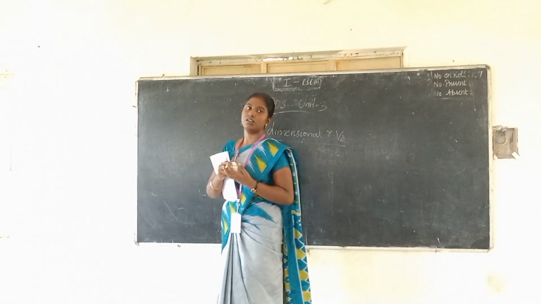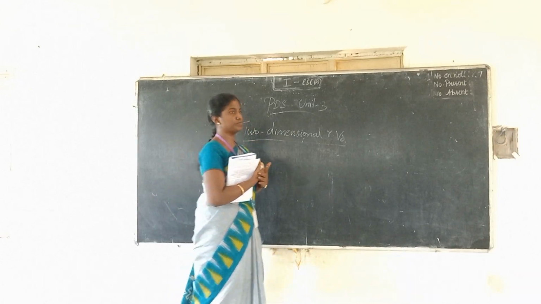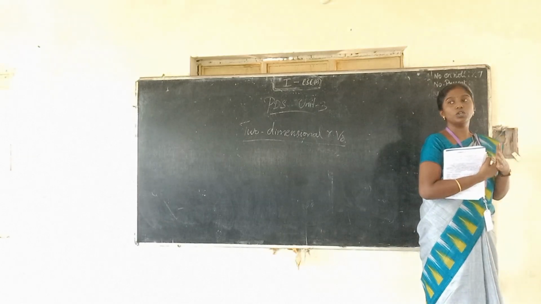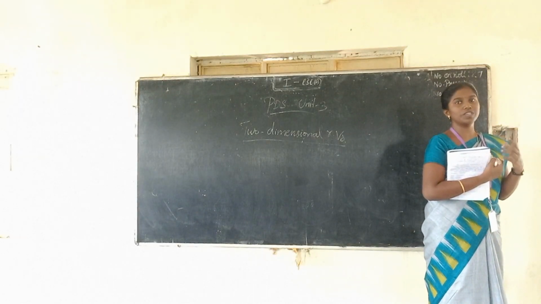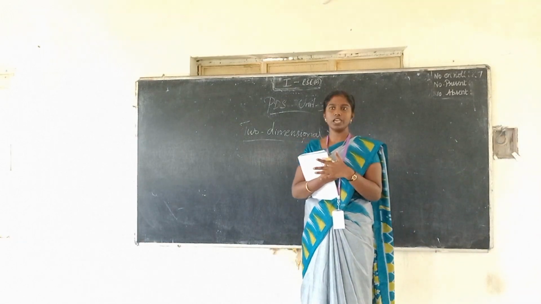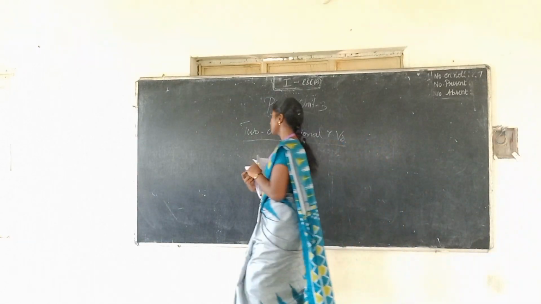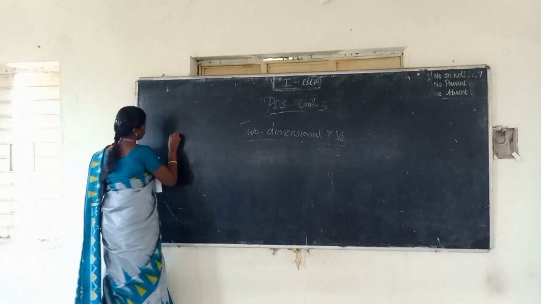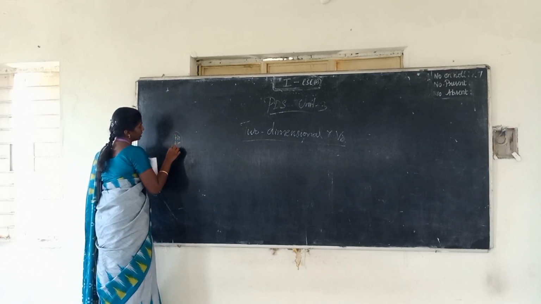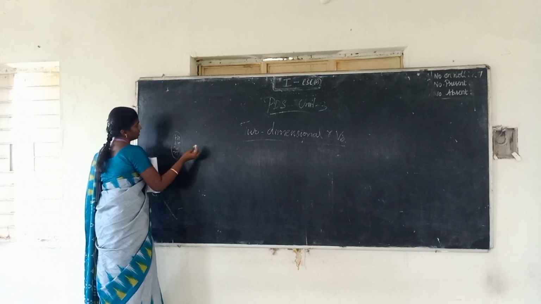First of all, what is a random variable? A random variable is a numerical value which we assign to the outcome of the event. For example, while tossing two coins, HH, HT, TH, TT.